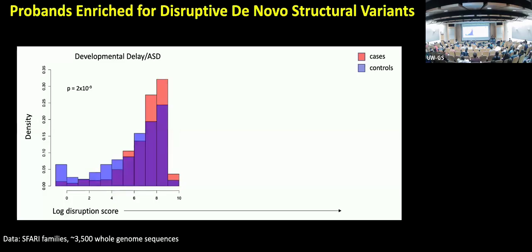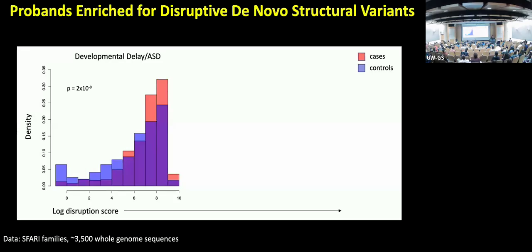Here, I'm applying it to a cohort of families: healthy parents, a healthy sibling, and a child with autism spectrum disorder and/or developmental delay from the SFARI Simplex families. And then we score every de novo variant, every variant that's present in the sick child but not in their other family members. And then we ask the model, do these disrupt genome folding or not? A higher log disruption score means more disruption.